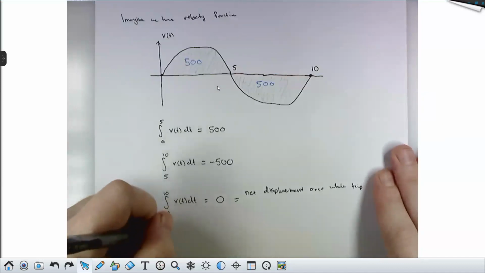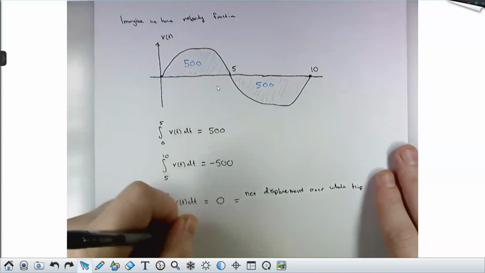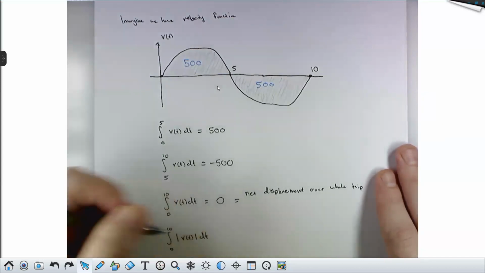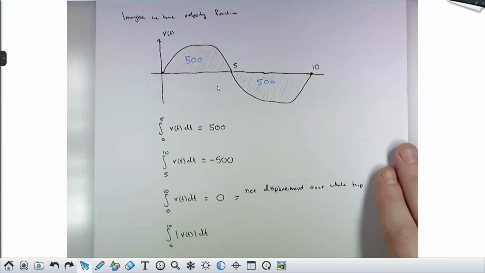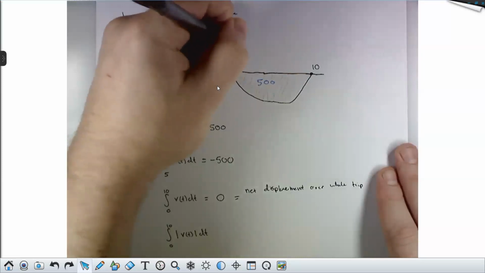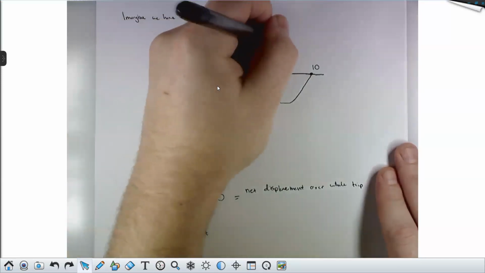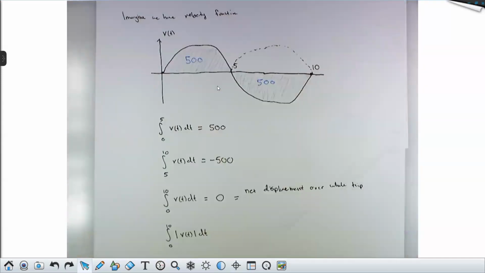If I wanted the distance, then that would be the integral of the absolute value of v of t dt. And the graph of that absolute value of v of t would look like this instead. It wouldn't have this down here. The absolute value would flip up any negative part of this graph and make it positive.